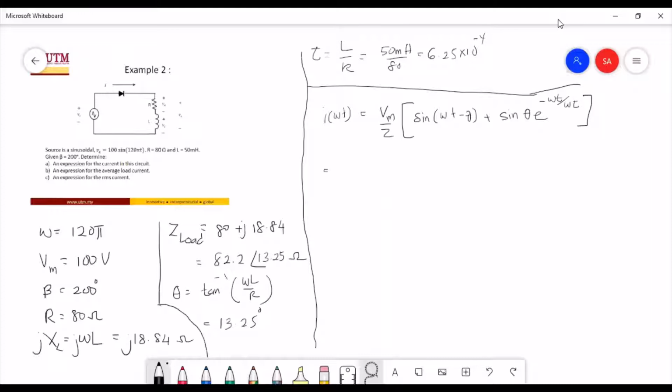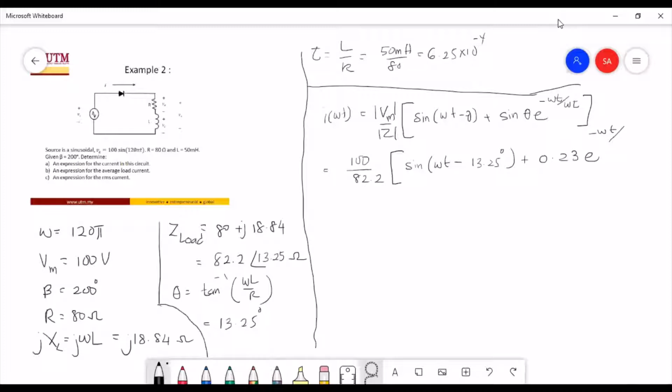So for Vm over Z, we take only the magnitude, so 100 over Z, which is 82.2, multiplied with sine of omega t minus theta, where theta is 13.25 degrees, plus sine theta, so sine 13.25, which gives you 0.23, exponential negative omega t.